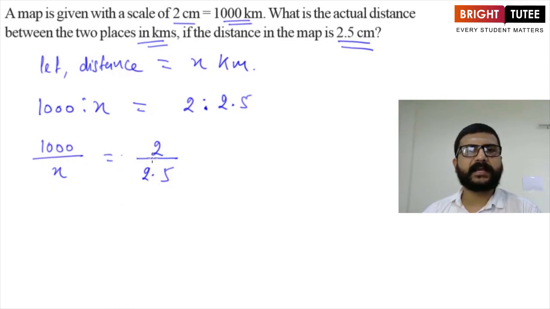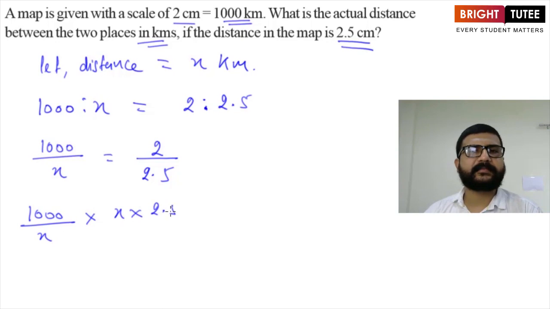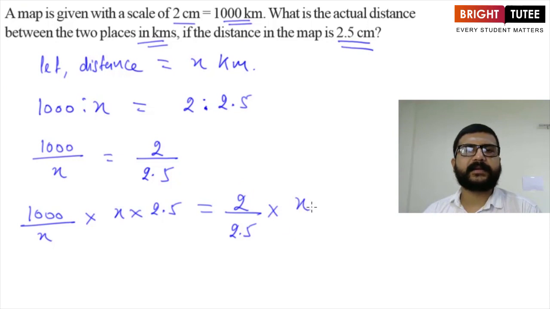We can multiply both sides by x into 2.5. So what we are having now, 1000 upon x into 2.5 is equal to 2 upon 2.5 multiplied with x multiplied with 2.5.